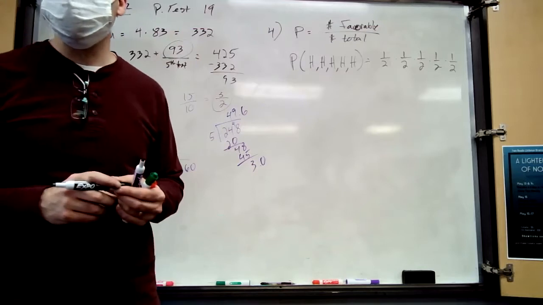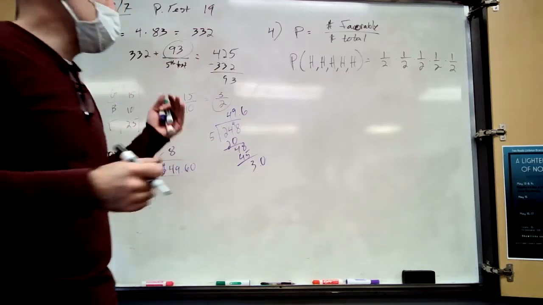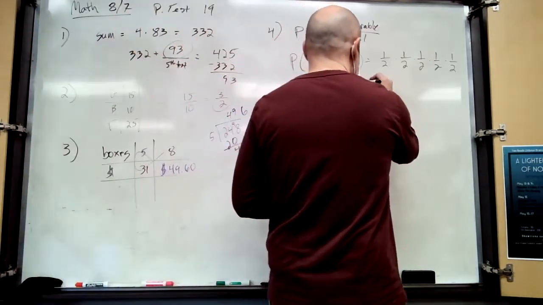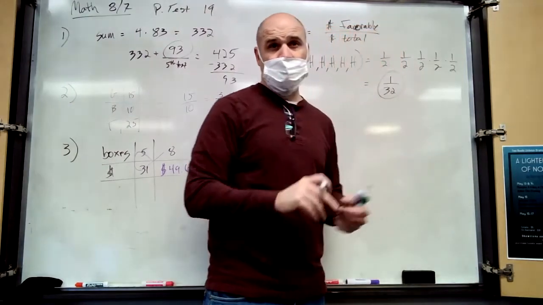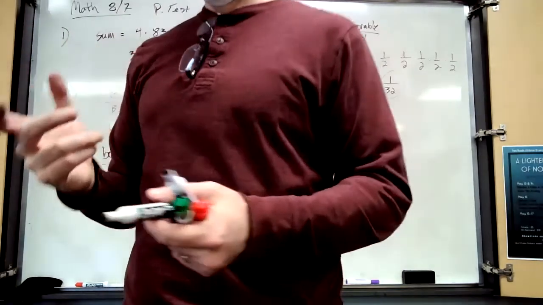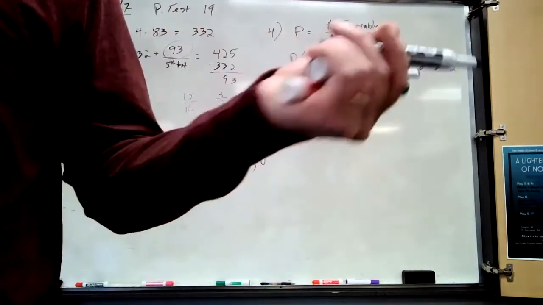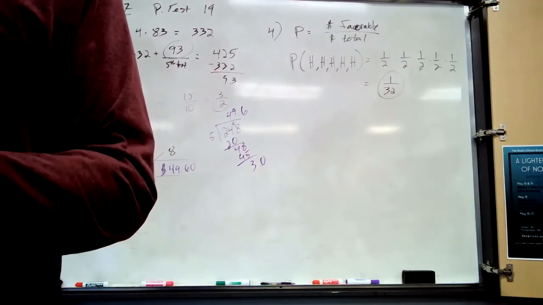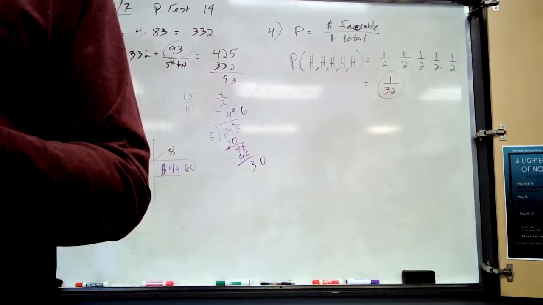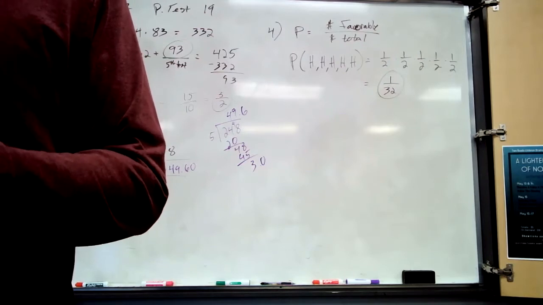Does that make sense? So when it's the same thing, this time it's going to be 1/32. It's not like 1/2. To get 5 heads in a row, it's not just a 50% chance anymore. It is 1/2 times 1/2 times 1/2 times 1/2 times 1/2. Can you guys remember that?